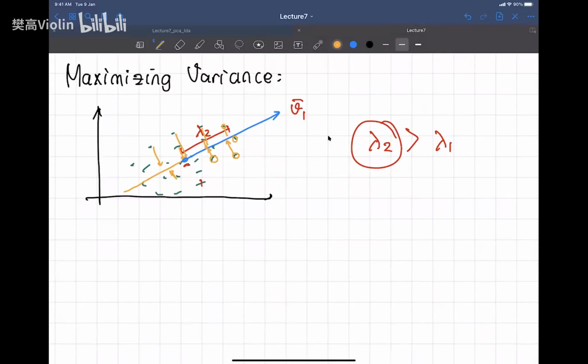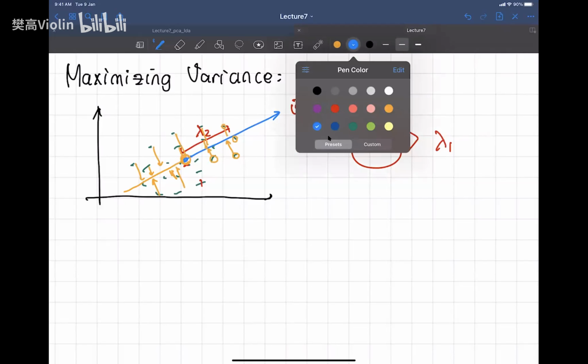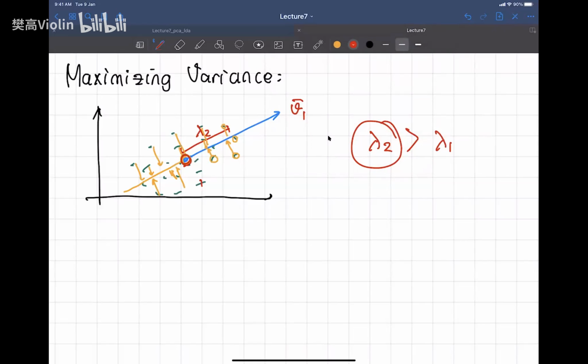So we have all these projections, and from the point of view of the mean here, we measure the variance. That is the meaning of this operation: we have to do the projection first, and after we get the projection, we want to measure the variance.